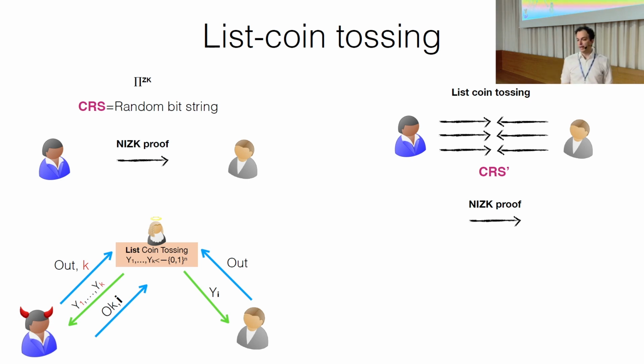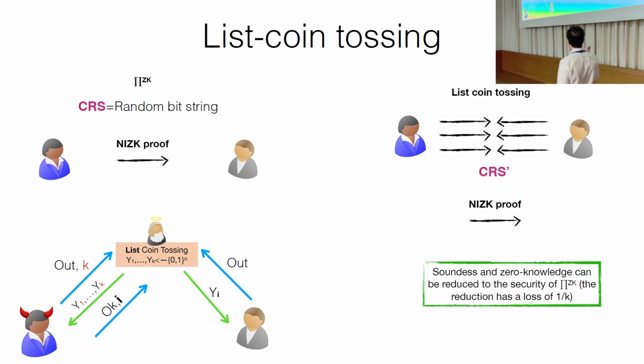And with some probability 1 over k, the adversary will indeed pick the CRS prime and the reduction will work. I will not go into the details of this, but I hope that's kind of simple. And that gives the intuition that if the protocol on the right is not secure, then you can easily do a reduction to the security of this pi zero knowledge. I hope this gives some decent intuition about that.